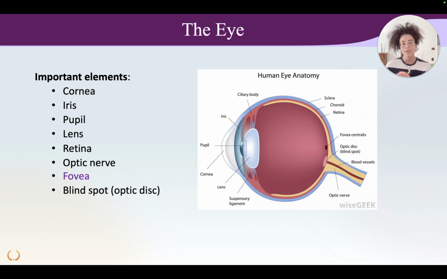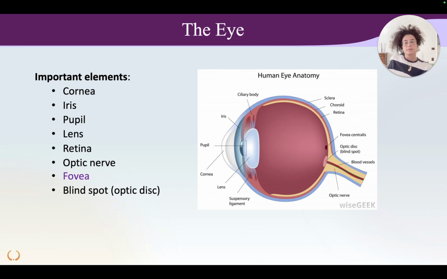Then we get to the fovea. Our vision is sharper at the center of our visual field than in the periphery, because in the fovea, the center of the retina, the photoreceptors are closer together. Then we have the blind spot, also called the optic disc.